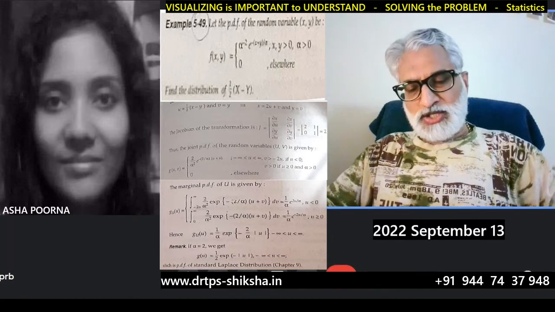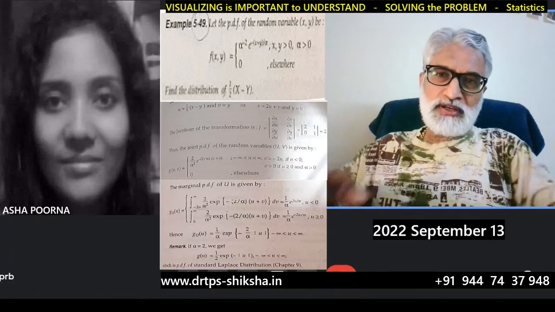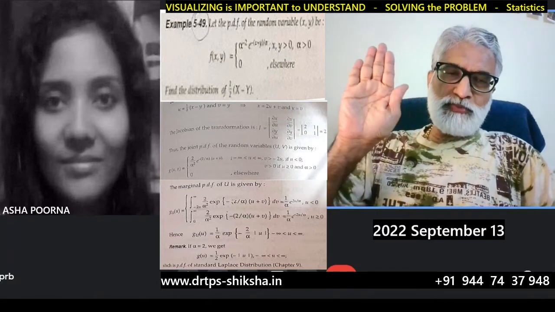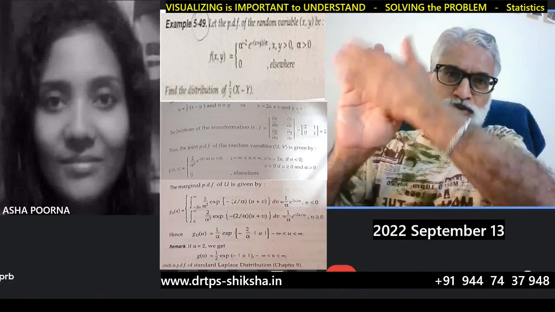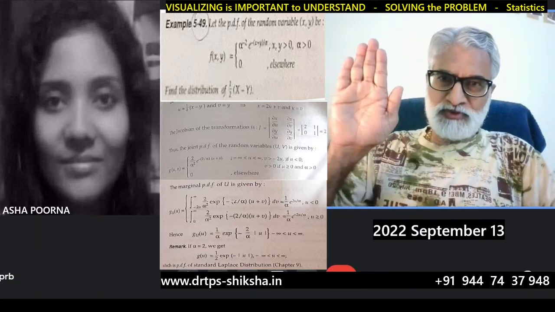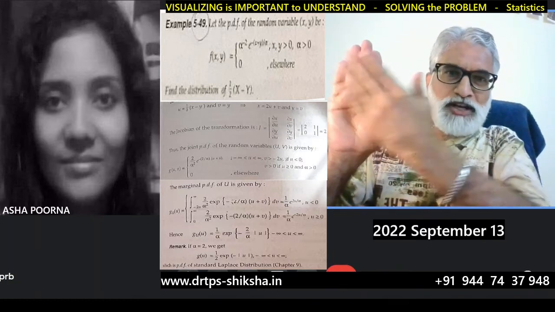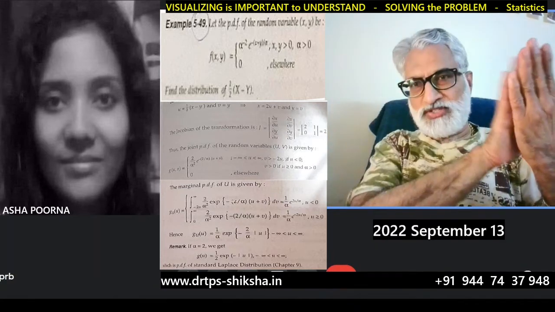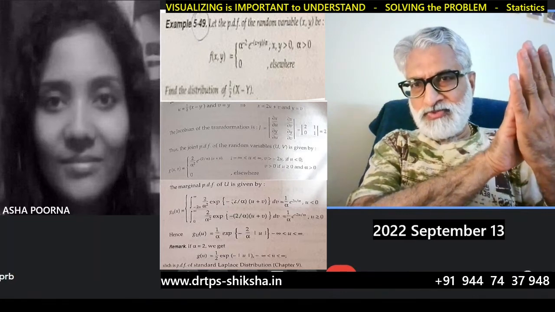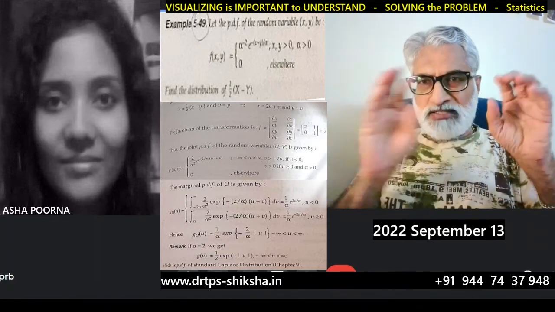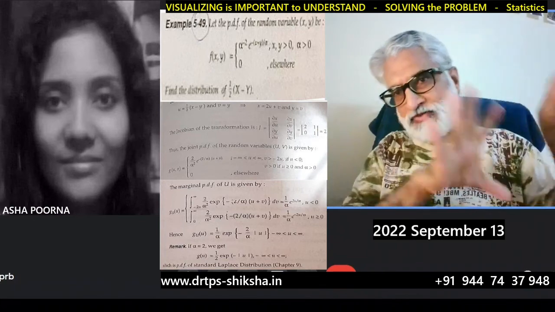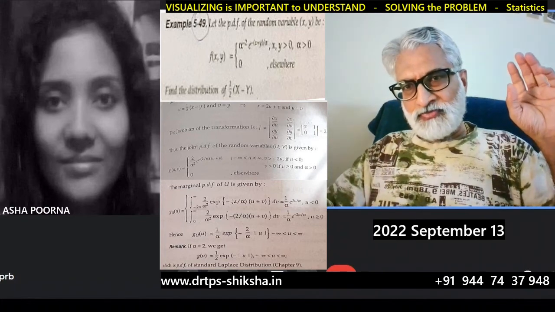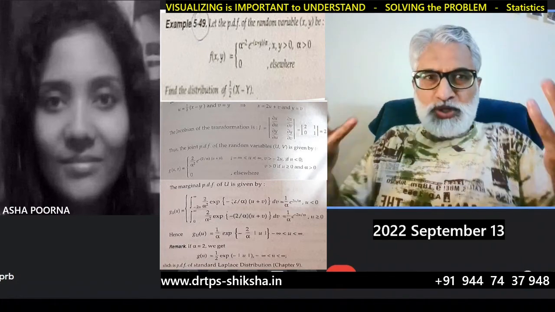So that is what a mapping function actually means. You are in a domain which you are not able to visualize. You change the domain into another range where you can visualize it. That is the whole purpose of mathematical transformations, so that I am able to visualize.